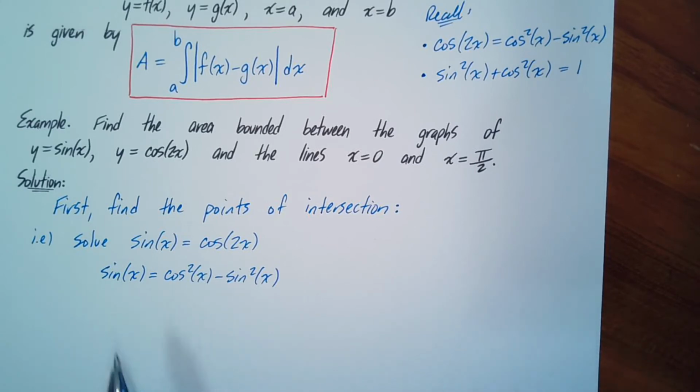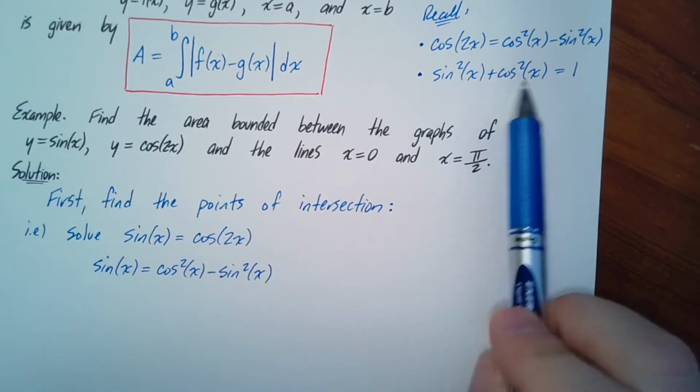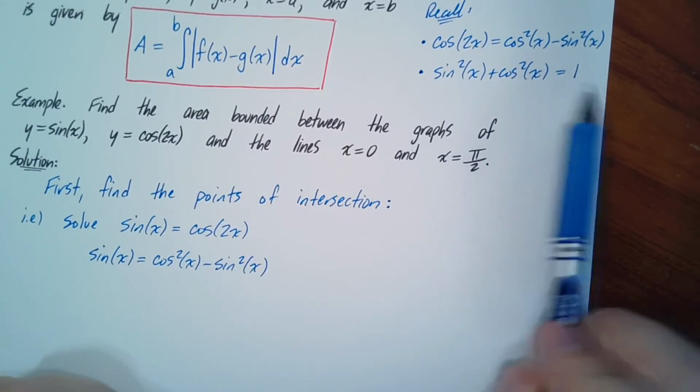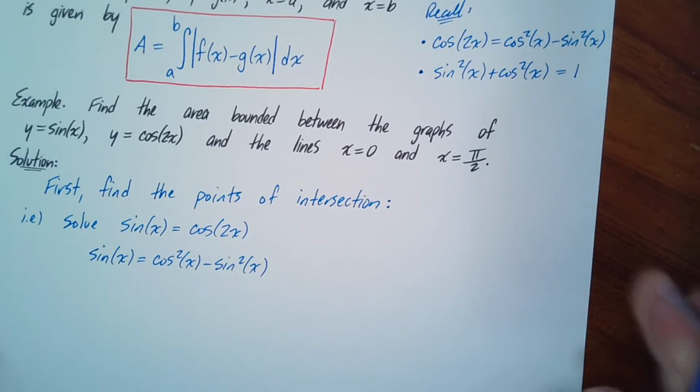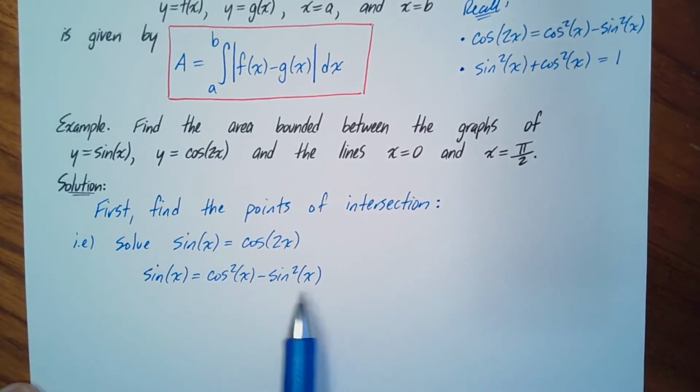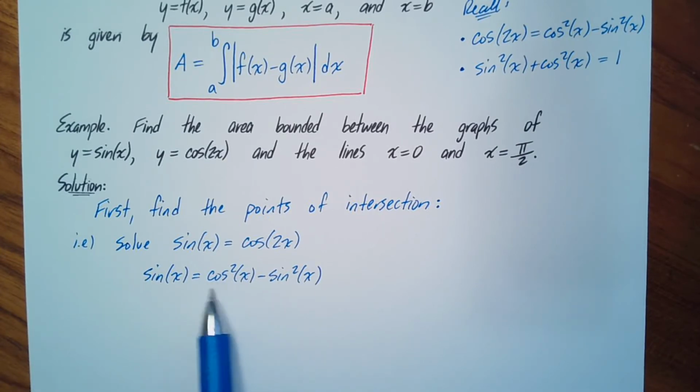So you can use this to relate sine and cosine and get rid of one or the other from this equation. Now, if you try to get rid of the sines, the sine squared here you can use the Pythagorean identity for. You can subtract cos squared to the other side, and you'd have sine squared of x is equal to 1 minus cos squared of x. Then you could replace this sine squared of x with 1 minus cos squared of x, and that would get all cosines on the right-hand side.